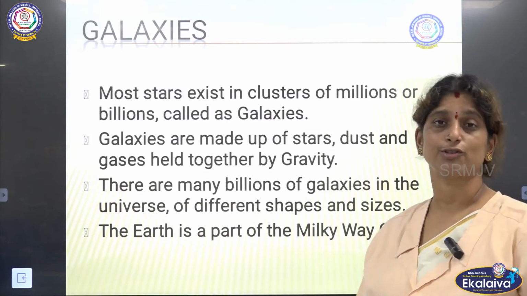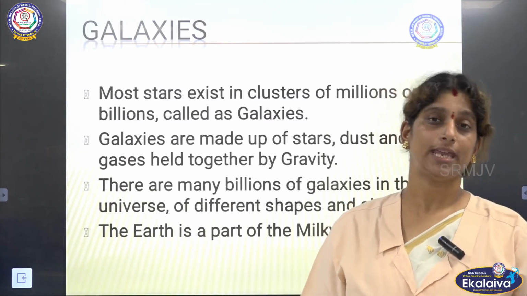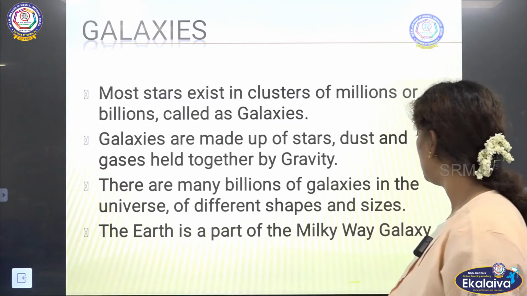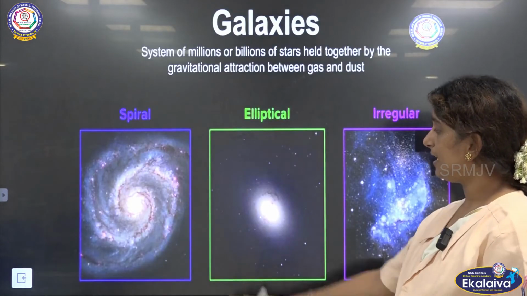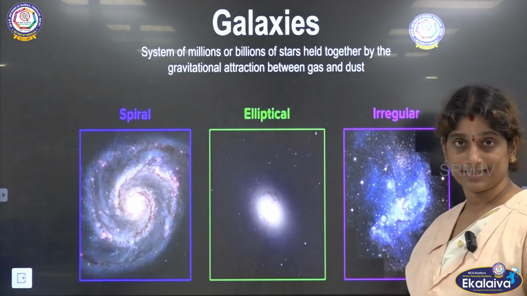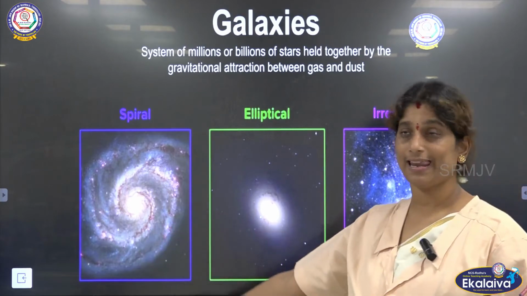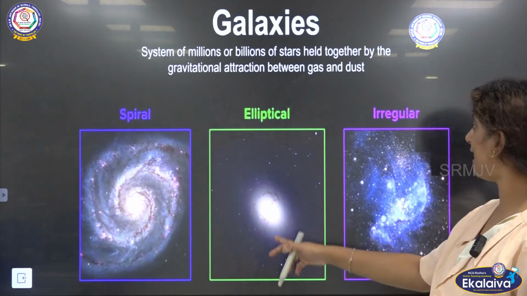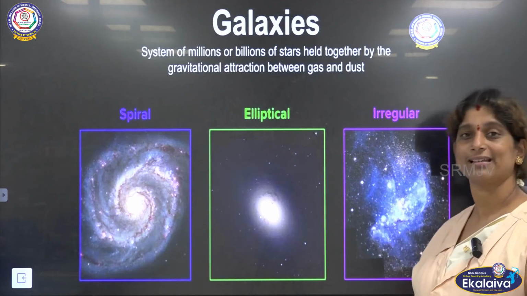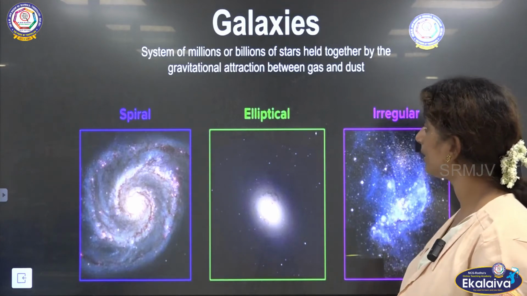The Earth is part of the Milky Way galaxy, right? Here you could see the various shapes of galaxies. You could see a spiral galaxy, an elliptical galaxy, and some irregular galaxies also.